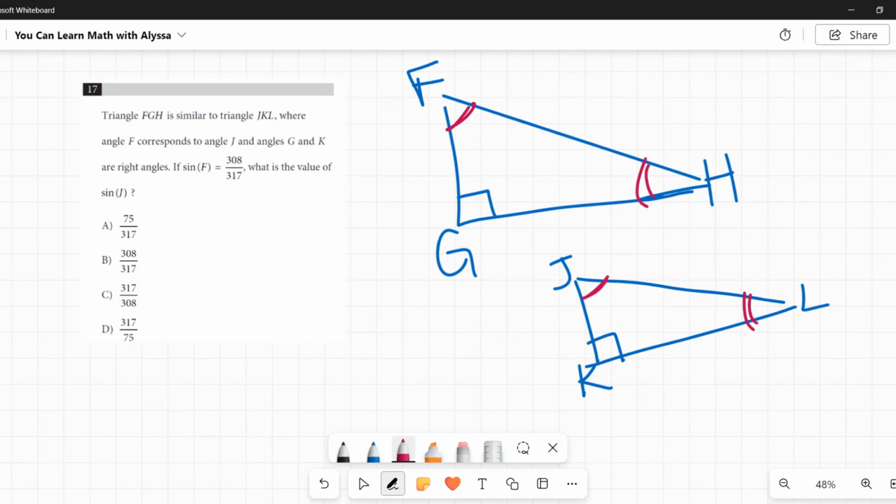Now, if sine of F equals 308 over 317, what is the sine of J? So sine is talking about the relationship, the ratio of the lengths of sides in right triangles.